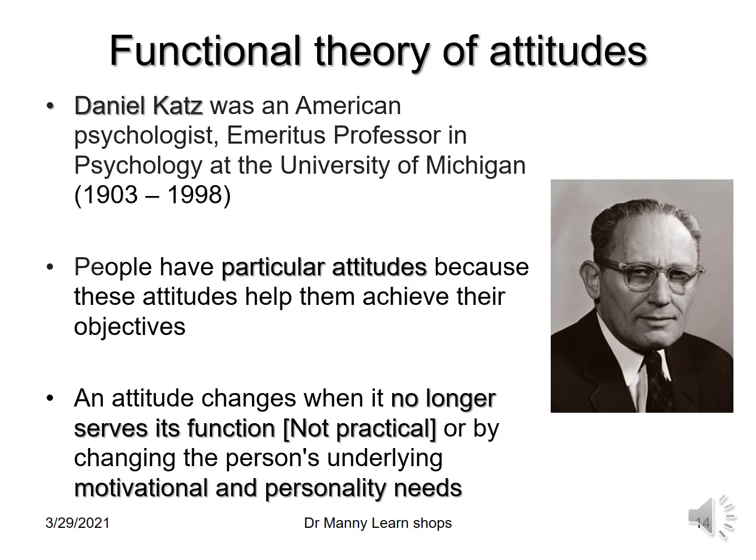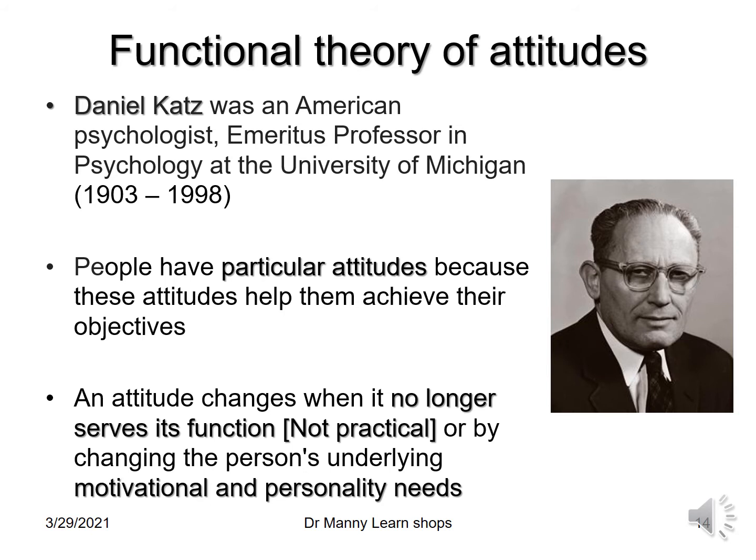When we look at theories related to attitudes, there are numerous. But the ones that we're going to look at are the most commonly used. Now, the functional theory of attitudes was proposed by a fellow by the name of Daniel Katz in 1960.